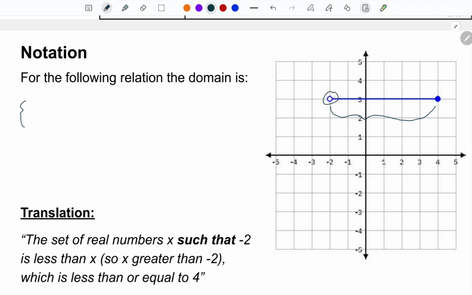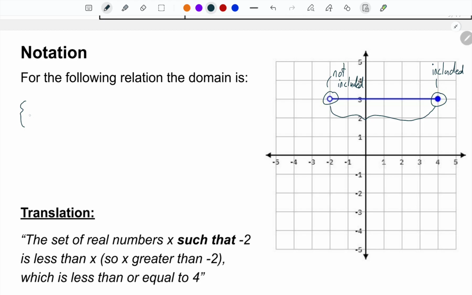And just remember, if it's open, it means not included. And if it's filled in, it means included. So the number 4 is part of the function, whereas the number -2 is not.